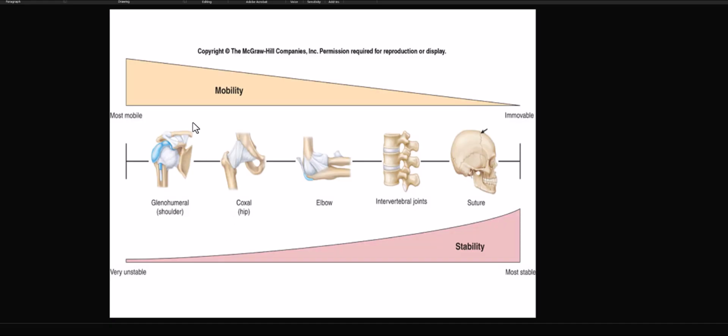And that is the more mobile a joint is, the less stable it is, right? Or say the other way around, the more stable a joint is, think your sutures, the less mobile it is. So there's an inverse relationship between mobility and stability.